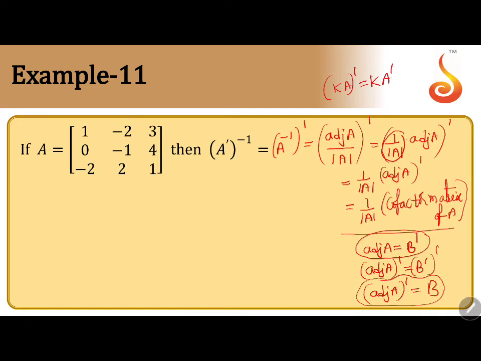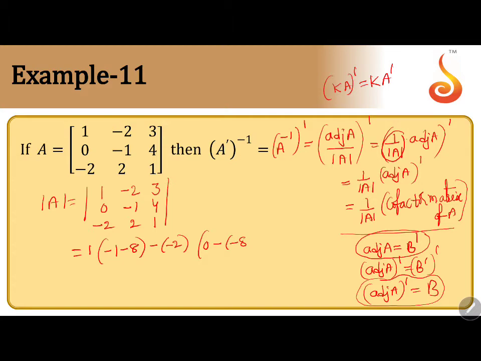So here what we are going to find? Det A value and the cofactor matrix of A. First of all, det A. What is det A here? Det of 1, minus 2, 3, 0, minus 1, 4, minus 2, 2, 1. Expand the det: 1 into (minus 1 minus 8), minus of minus 2 into (0 minus of minus 8), plus 3 into (0 minus 2).